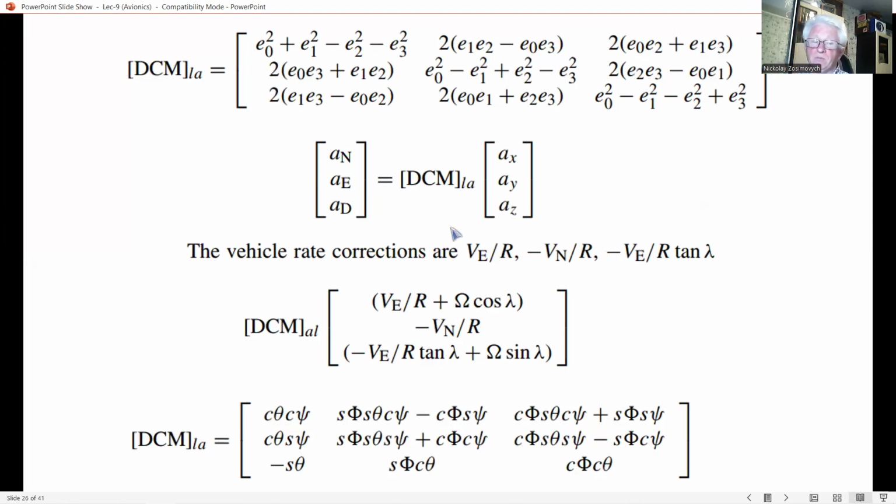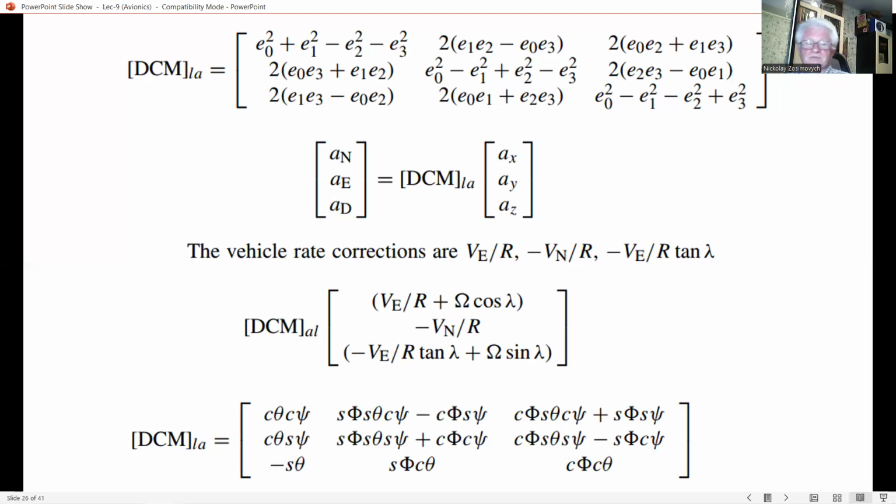Gyros measure angular motion with respect to an inertial axis frame, that is, an axis frame which is fixed in space. It is therefore necessary to rotate the gyro-derived reference frame at the appropriate rates so that it stays aligned with the local NED axis, because of the Earth's rotation and the vehicle's motion over the spherical surface of the Earth.